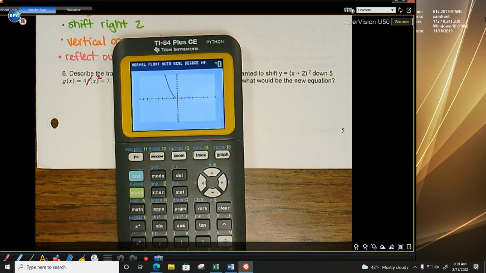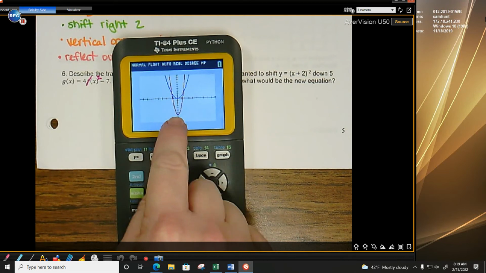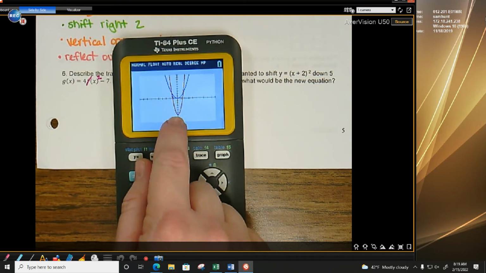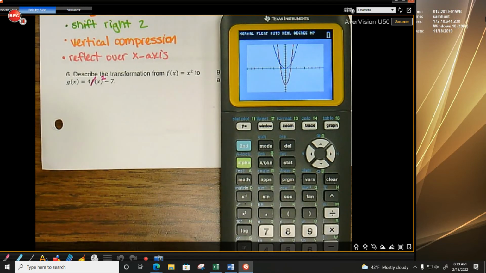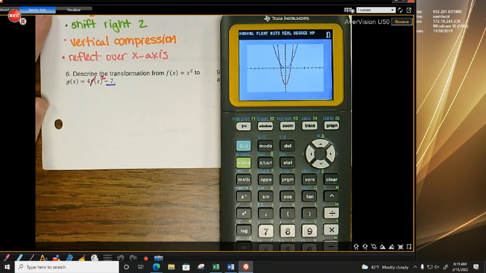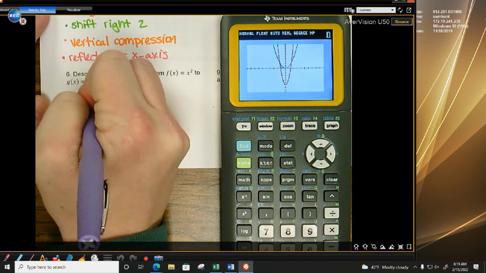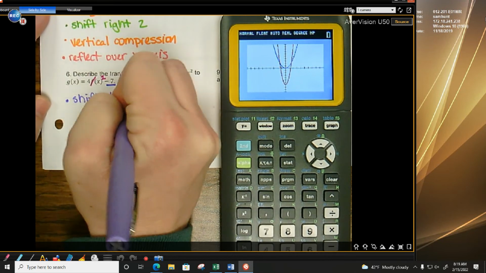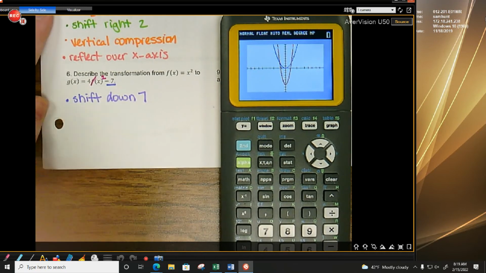So from the blue to the red, how did I move? Shift down, how much? 7. Again, if you don't want to actually count, remember that number, the K, tells you how much you're shifting. Don't say negative 7 because down implies the negative. Shift down 7. Okay, if I shift down 7, am I at my new vertex? Yeah, I just go down 7. Okay, no more shifting. I don't go right or left.